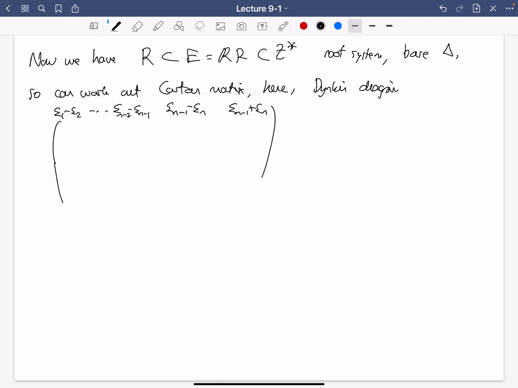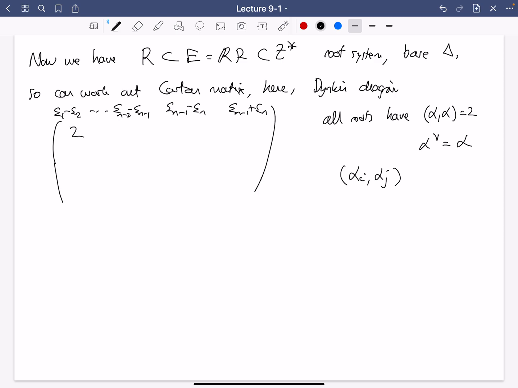And it's very easy to work out the Cartan matrix in this case, because all the roots have (alpha, alpha) equal to 2, and when that's the case, that's always the best normalization to pick if you can. Alpha check equals alpha, and so the Cartan entries are just these (alpha i, alpha j). In general, it would be alpha i, alpha j check, but the co-roots are just the same as the roots, so there's no difference.